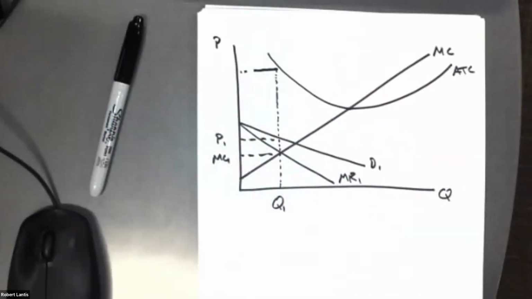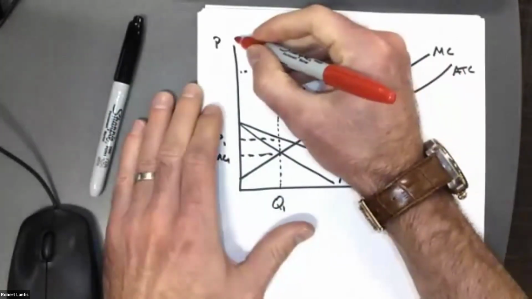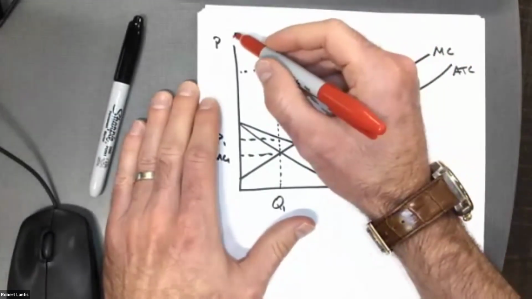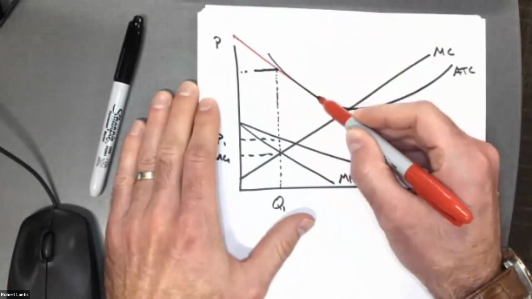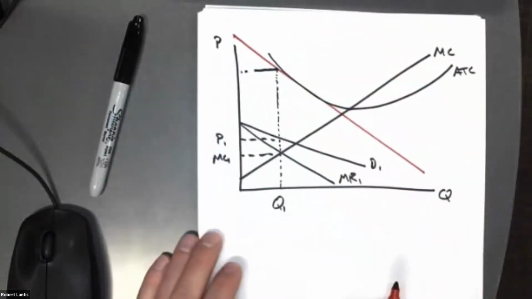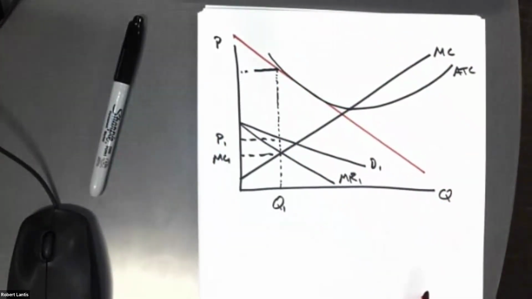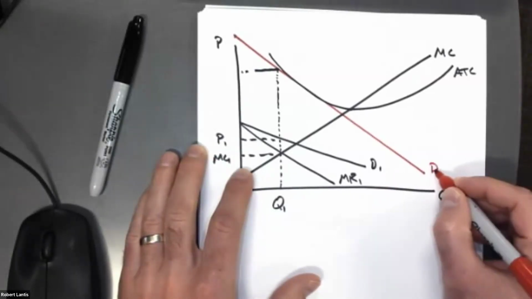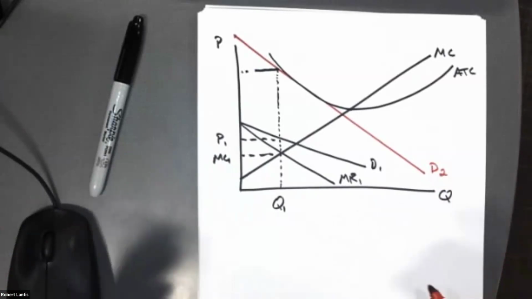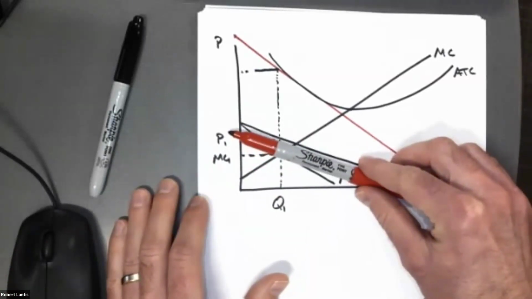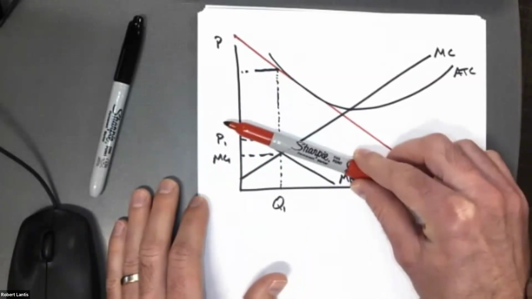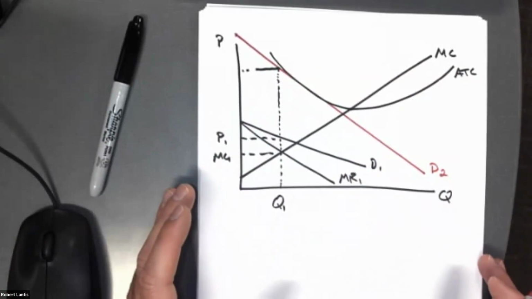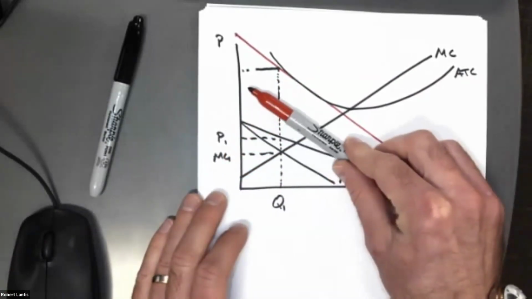Well, if through advertising, if it was completely free, I can convince consumers that my product is even better than all the other ones, what I could end up with is a larger portion of the overall demand curve. So I'm facing a higher demand curve. Also, through advertising, if I can convince consumers that my product is more dissimilar to other ones, so I can convince everyone my bottled water is better, they're going to be more inelastic.